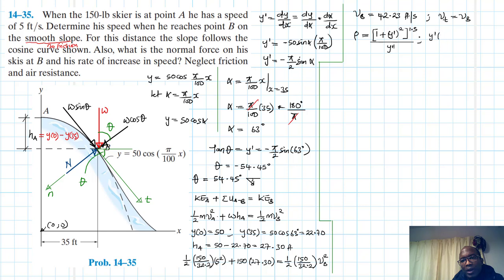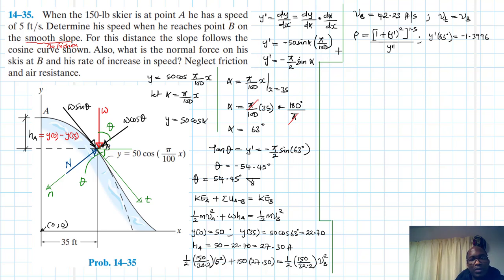Okay, so y prime at 63 degrees is just equal to minus pi divided by 2 times sine 63. So we get a minus 1.3996. So we are using this equation here.